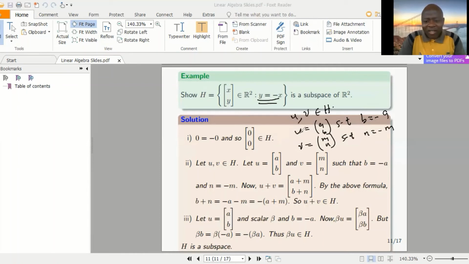Now I want to add these two vectors and show that the sum is in H. So the sum of u and v will be (a plus m, b plus n). We just add the first elements, then add the second elements.